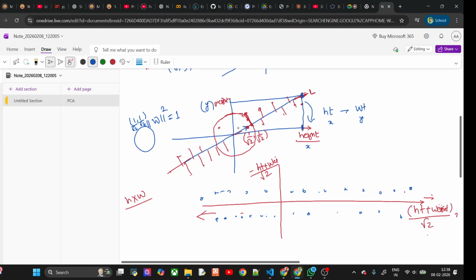I am projecting now, instead of this line, by rotating it here. If I have the new axis, height plus weight over root 2, all the points I have drawn here come like this way.